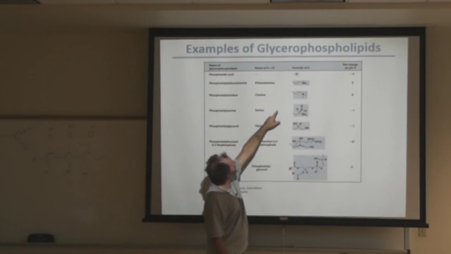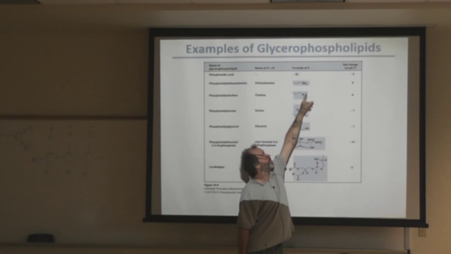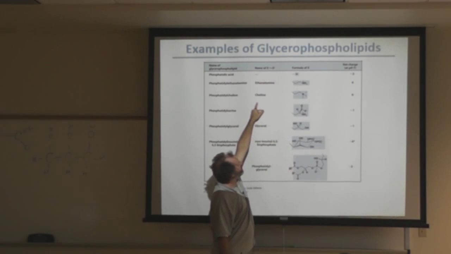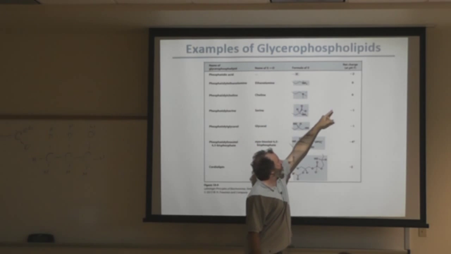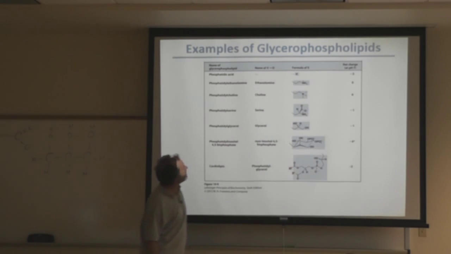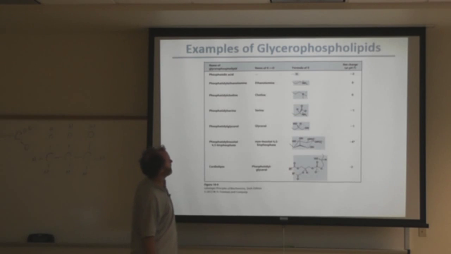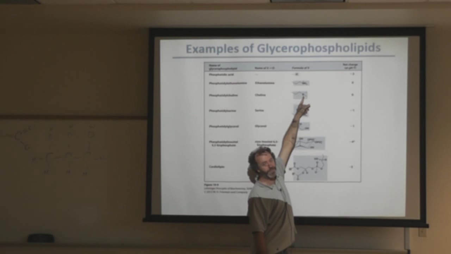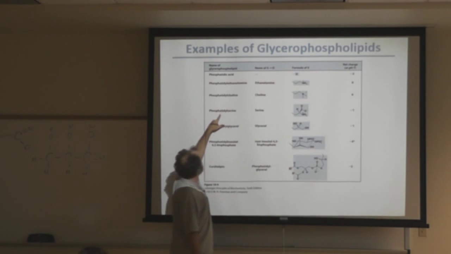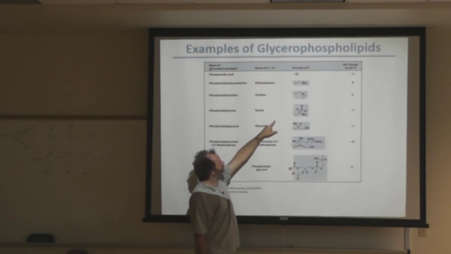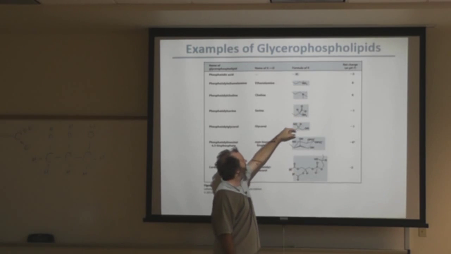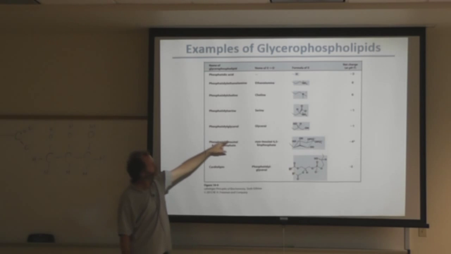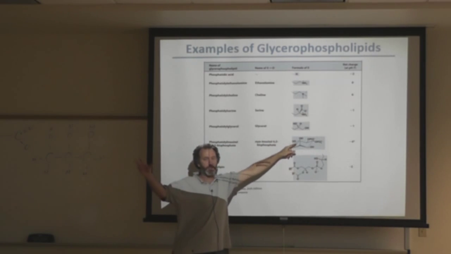Phosphatidylcholine is very similar to ethanolamine, but choline has a methyl group on each one of the amines. So that also has a 0 charge, because they don't show you that this tertiary nitrogen is going to have a positive charge, right? Phosphatidylserine, you have an ester group with a serine molecule, and that's a -1 charge. Phosphatidylglycerol, you just have a glycerol there as another head group.